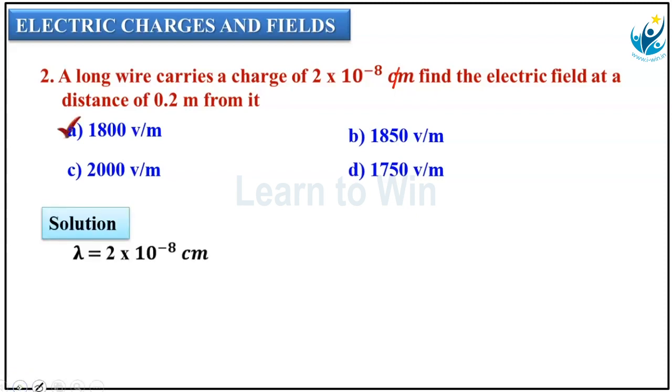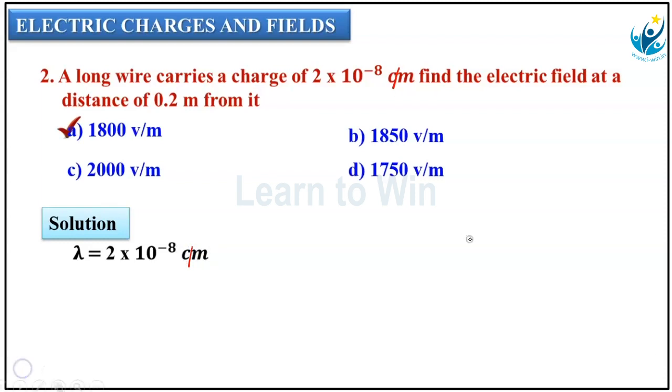Solution. Here 2 into 10 power minus 8 coulomb per meter is the linear charge density of the wire, lambda, equal to 2 into 10 power minus 8 coulomb per meter.